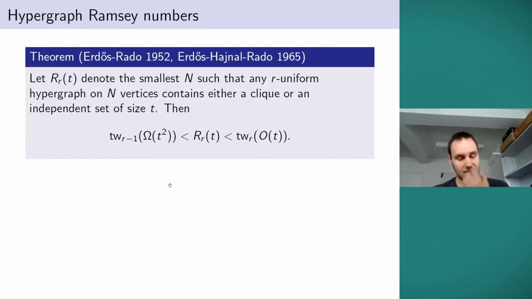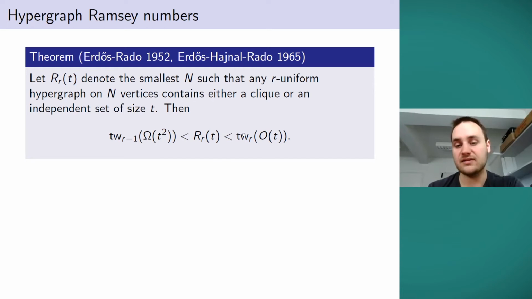And so already we don't have a good understanding of the hypergraph Ramsey numbers of general graphs. There is the classic result of Erdős–Rado and Erdős–Hajnal–Rado, which shows that if r_r(t) denotes the smallest n such that any r-uniform hypergraph on n vertices contains either a clique or independent set of size t, then we have these upper and lower bounds.